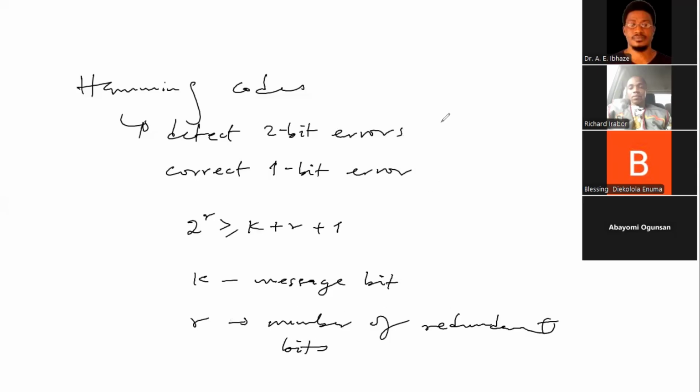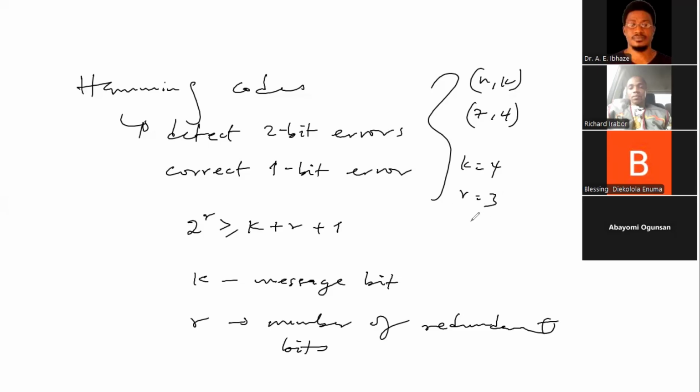So if, for instance, we take an (n, k) code, say the (7,4) Hamming code, it means that here we have the message bits k = 4. Then the parity bits r will be what? 7 minus 4, that's 3. Okay?